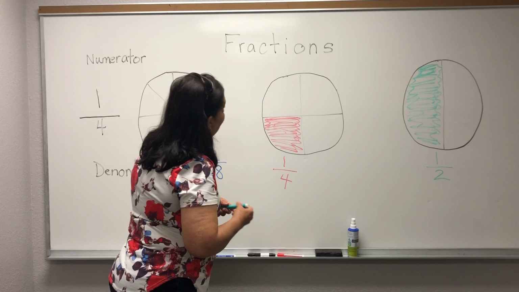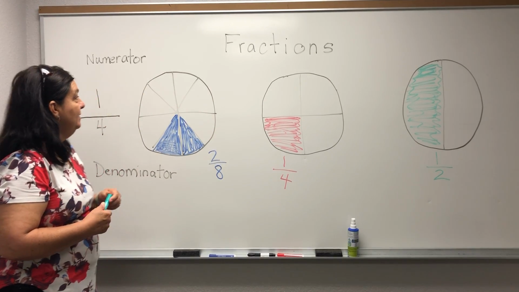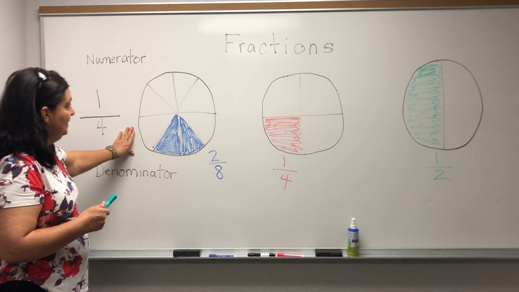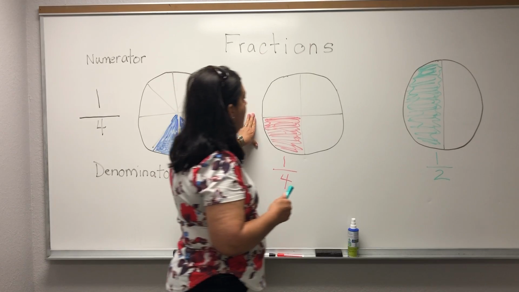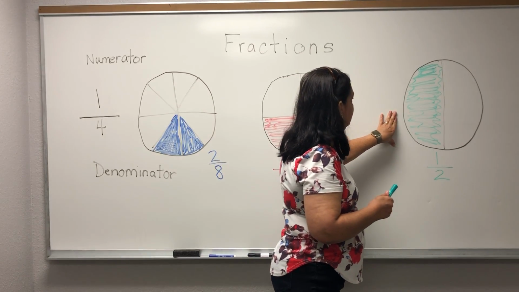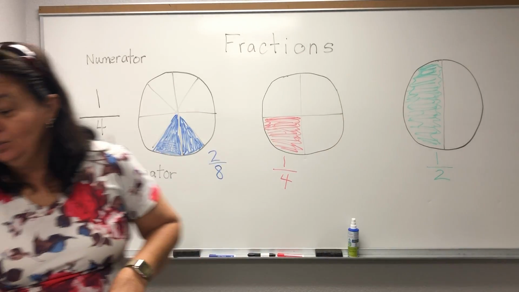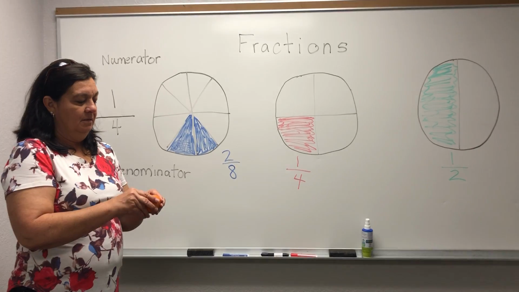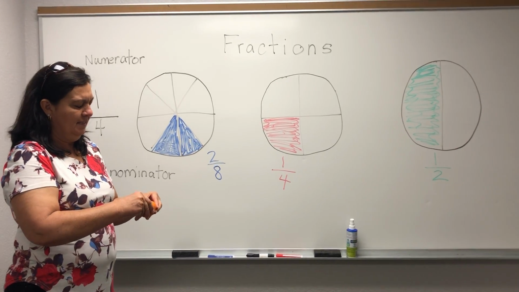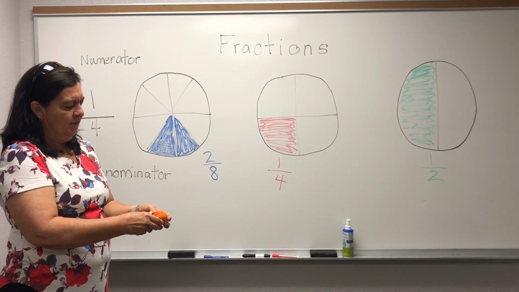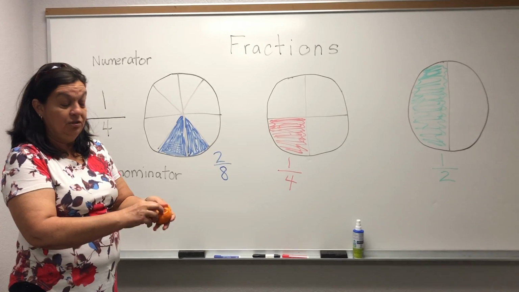Okay, now we have everyday things that we can divide that are a whole. We've talked about them: pizzas, pies, cookies. I also have a tangerine here. And if we were going to eat the tangerine, as you can see, our tangerine was whole.